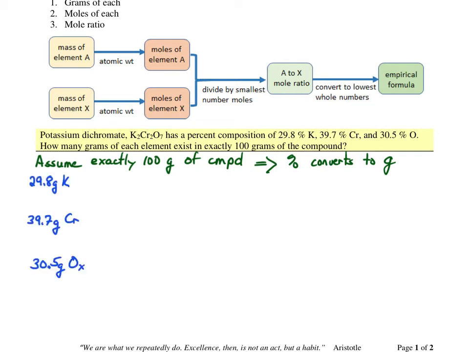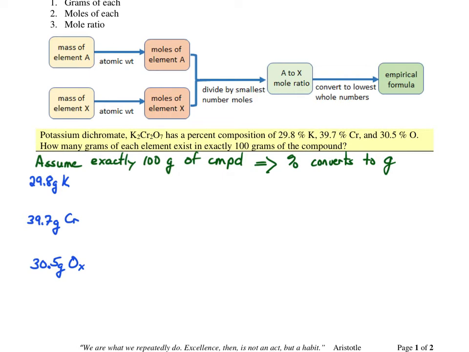Remember, percent is parts per 100, so if something is 29.8% potassium, 100 grams of the compound contains 29.8 grams of potassium. This is what is meant by percent converts to grams. We assume we have exactly 100 grams, so we know immediately how many grams we have of each element.